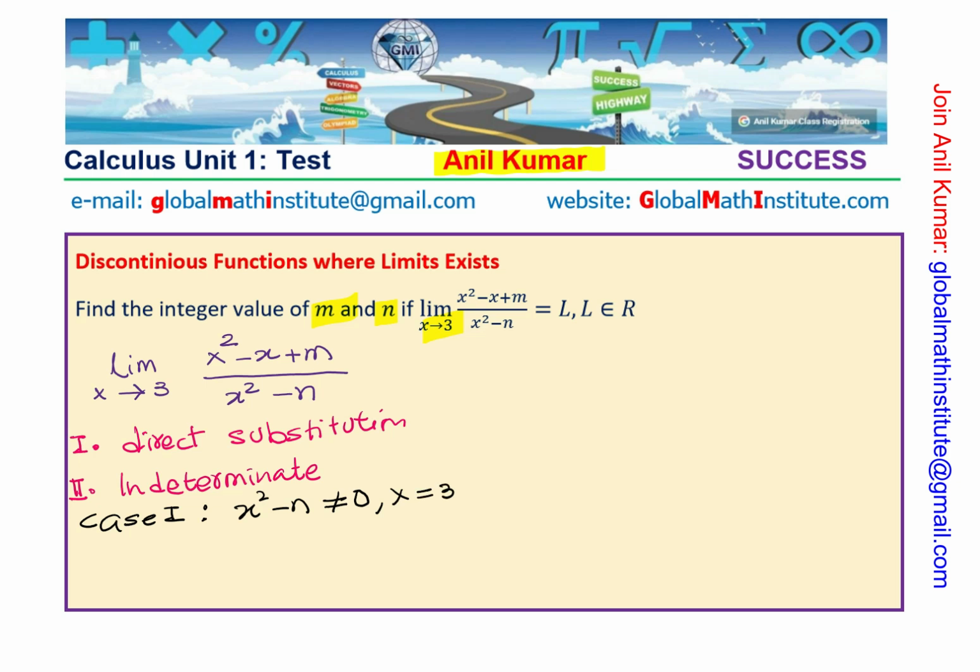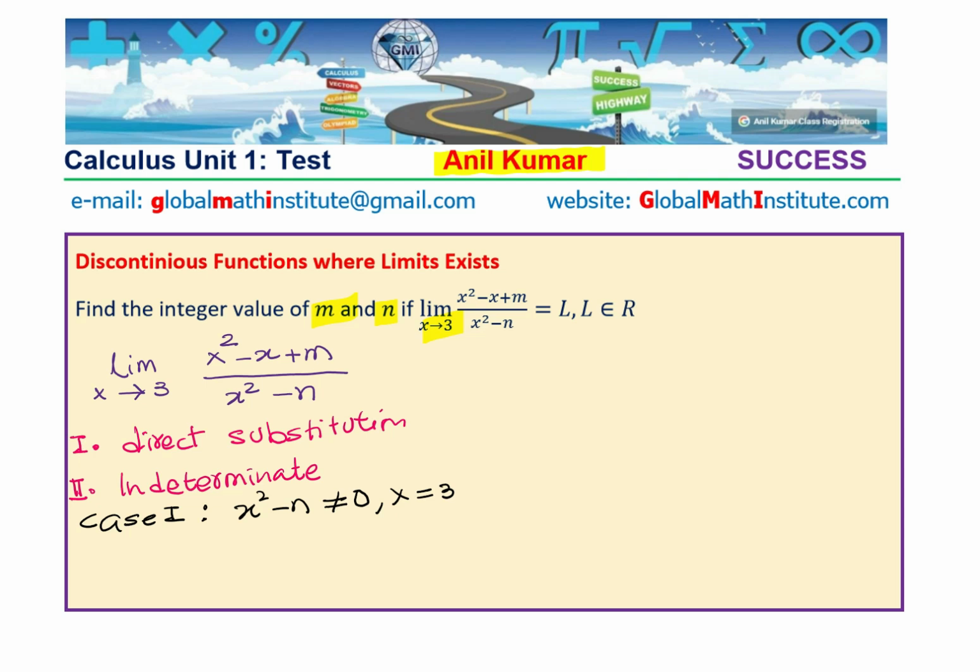So when you substitute 3, you do not get into the situation of dividing by 0. And so the expression value will be a real number and you'll get the limit L, right?